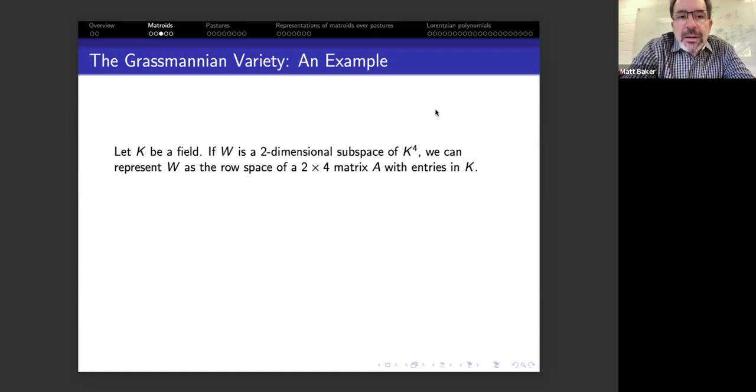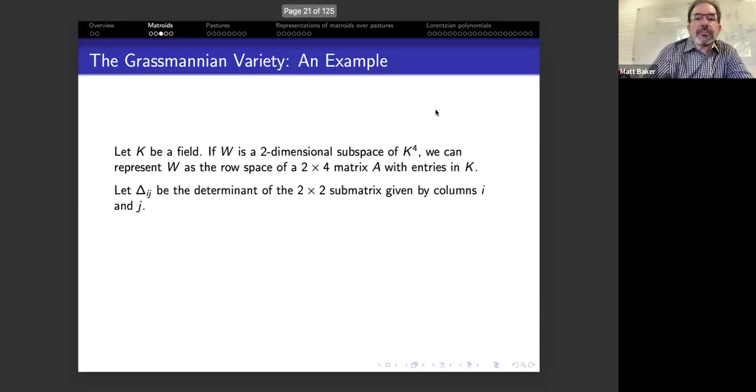And we can represent W as the row space of some matrix A. And then we look at the determinants of the 2x2 minors of this matrix, right? So if there's two rows, and if I pick two of the four columns, i and j, I get a determinant delta ij. So there's 6 of these numbers.